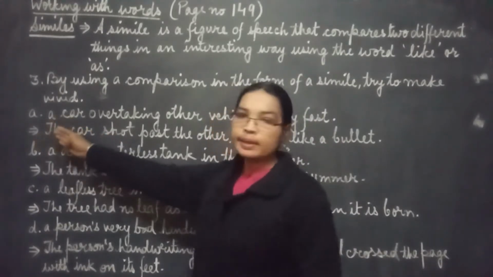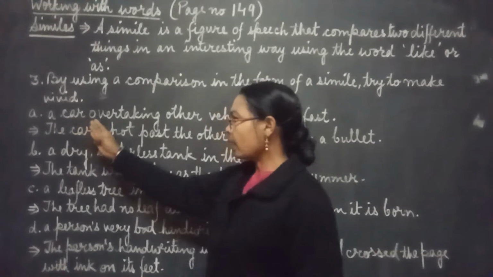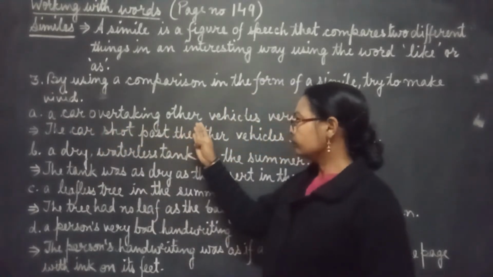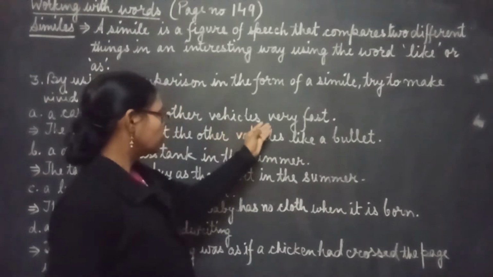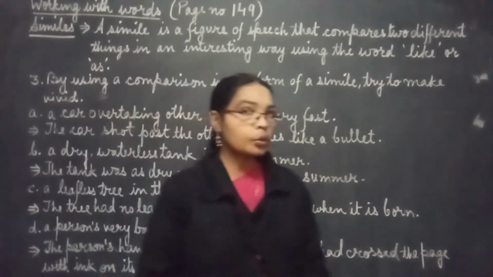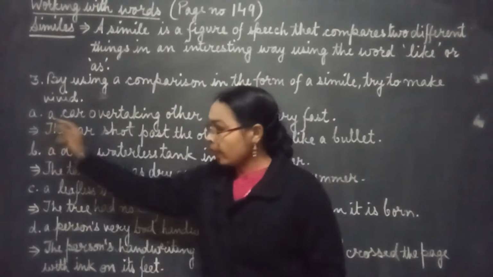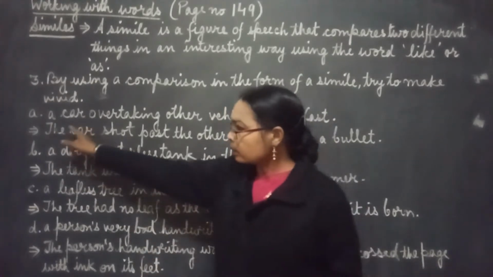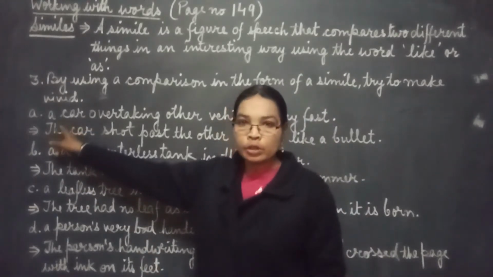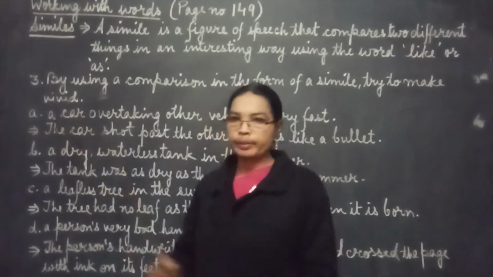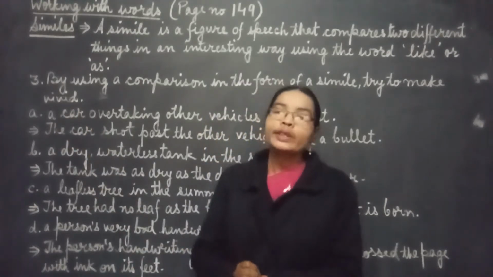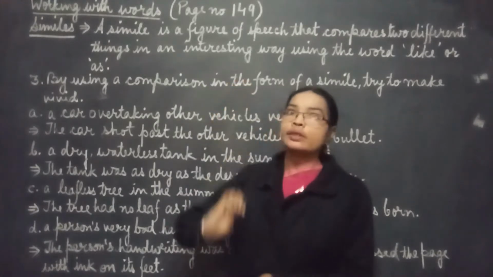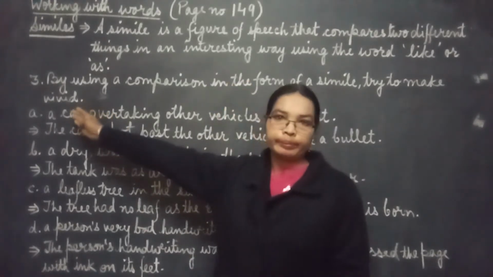Let's see how we'll solve it. Number A, a car overtaking other vehicles very fast. Now students, you see number A is given and the capital letter is not there, a small letter is there. It means we have to form our own sentence. Which type of sentence? An interesting sentence, that is our vivid.